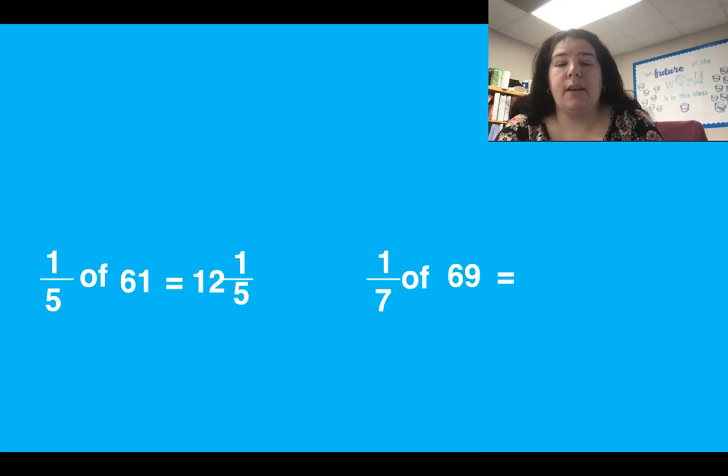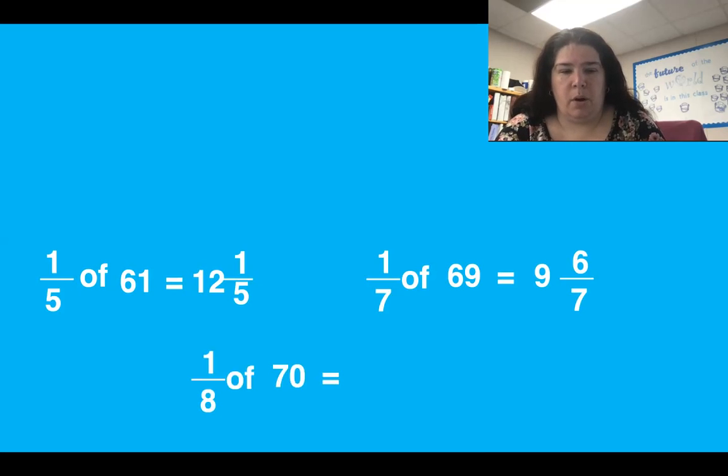Good. 1/7 of 69. 69 divided by 7. 9, right? And 9 times 7 is 63. So how many are left over? 6. And what do we put as a denominator? 7. Excellent.